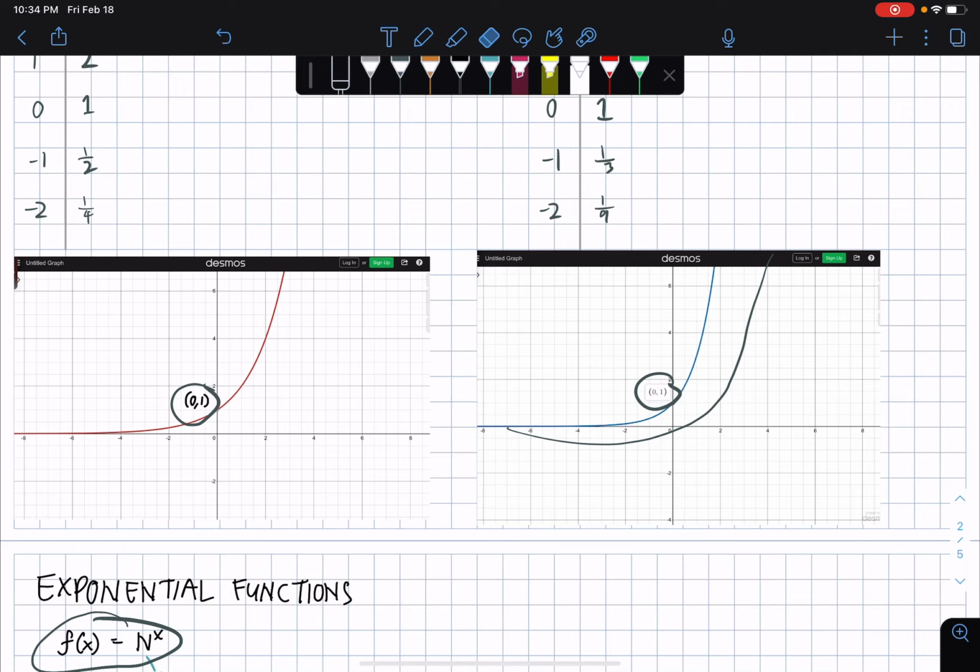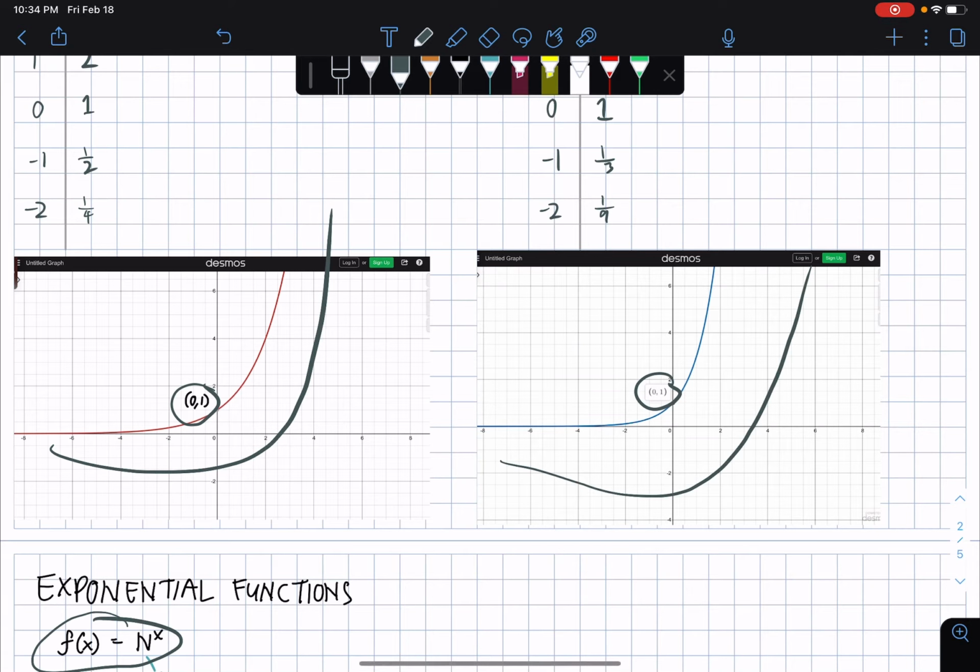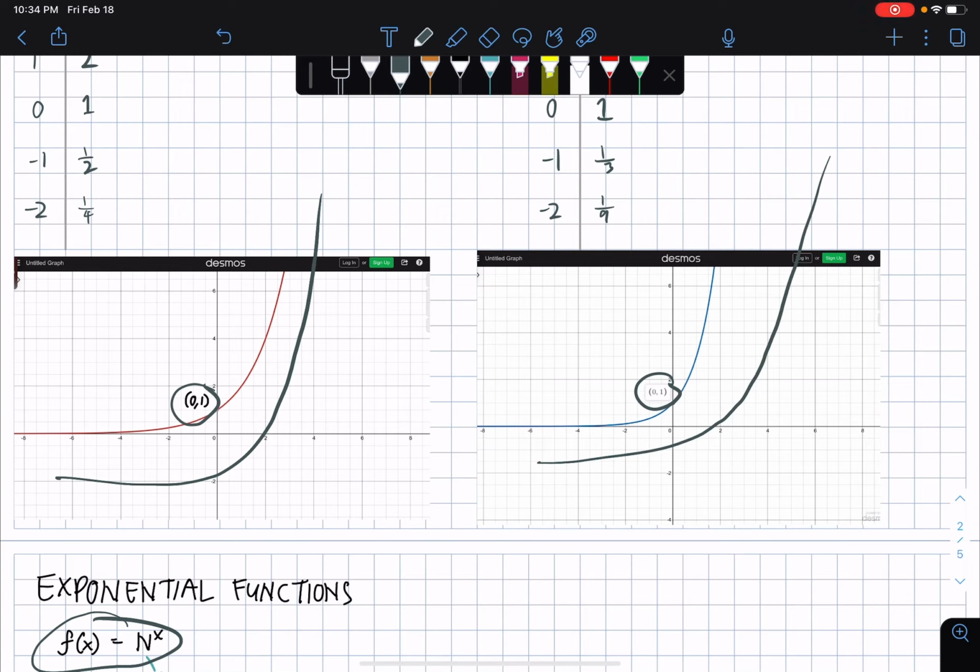So if you see a graph that is increasing, you'll always see this kind of curve. I'm not really sure if we call it a parabola. Please correct me if I'm wrong, but please understand that it's this kind of curve.